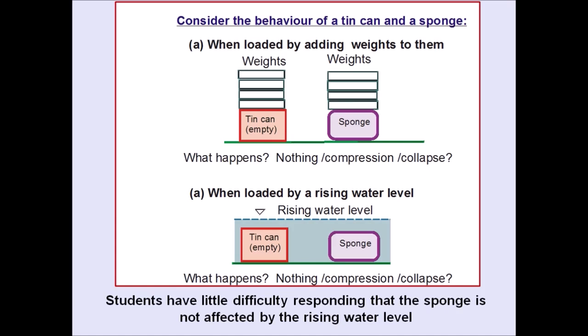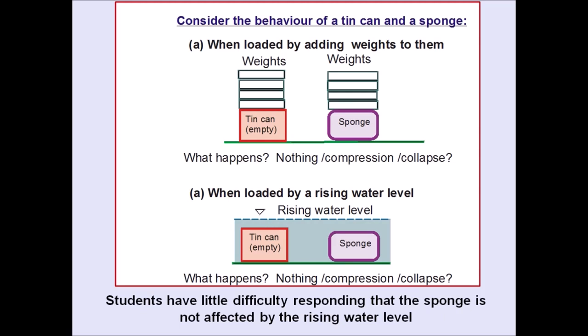And they'll come up with the right answer. The tin will compress and collapse. The sponge will just continuously compress. Now we change the process by which that stress on both of them is applied in a totally different way. We've got them fastened to the bottom of a large tank, and we're going to steadily raise the water level in that tank. And the same question is asked.